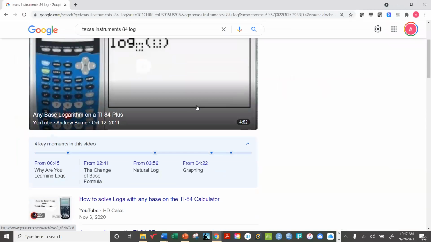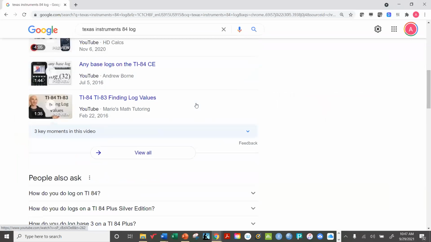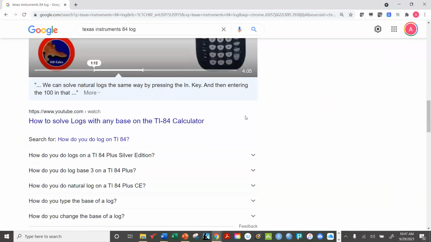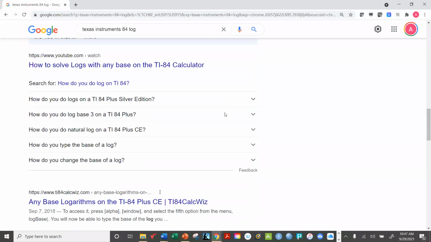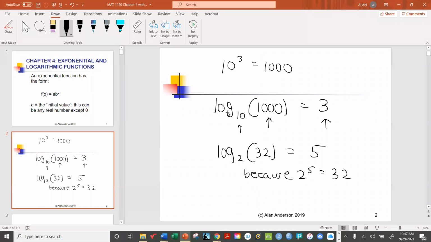So there's a log button. I'm not sure how many of you have this calculator, but there is a way, apparently, of doing this. But anyway, let's just basically concentrate on how this works algebraically.